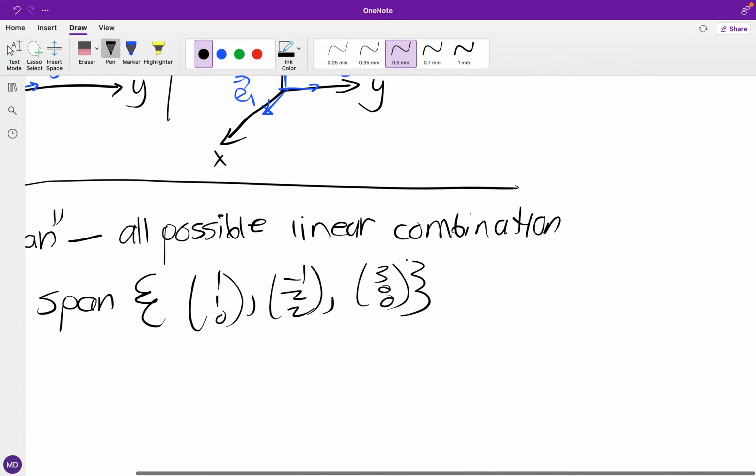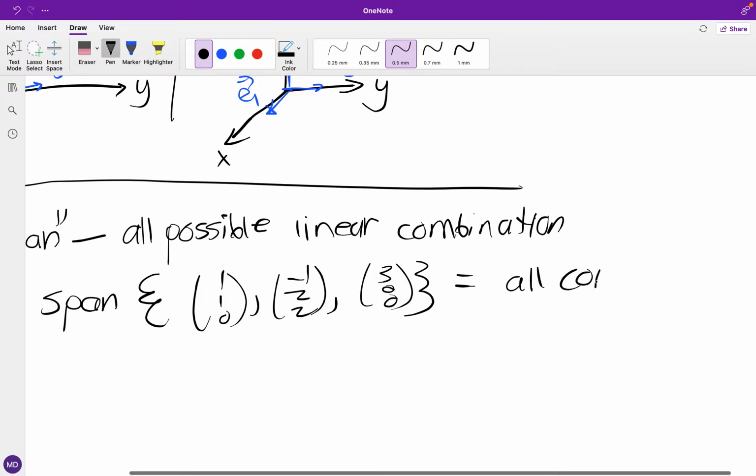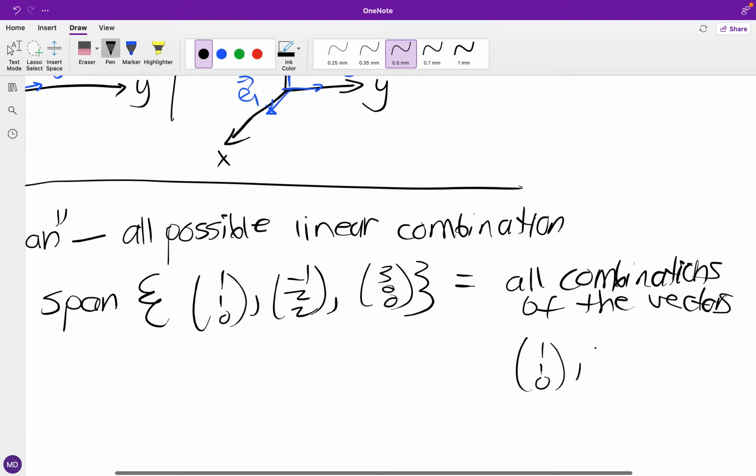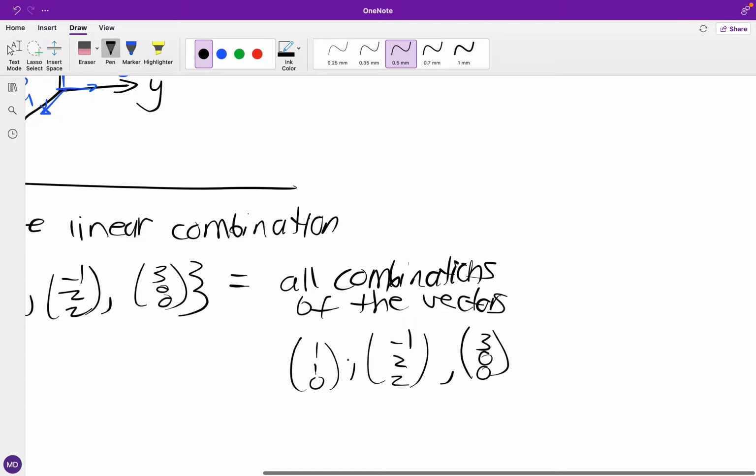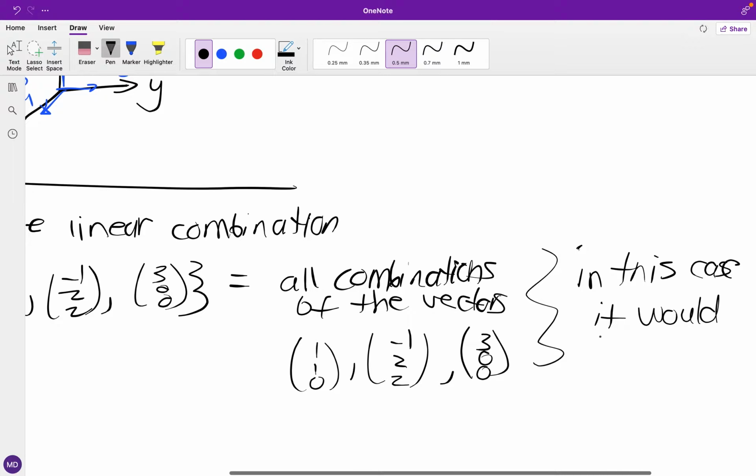The span of this is equal to all combinations of the vectors 1, 1, 0, negative 1, 2, 2, and 3, 0, 0. And in this case, all combinations of these three vectors, since they're completely distinct vectors, would actually form a plane.